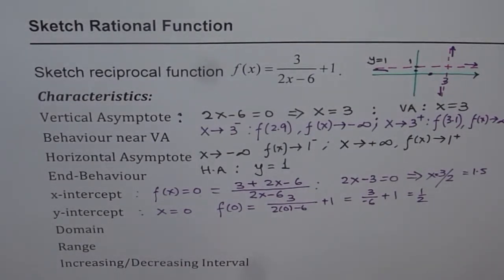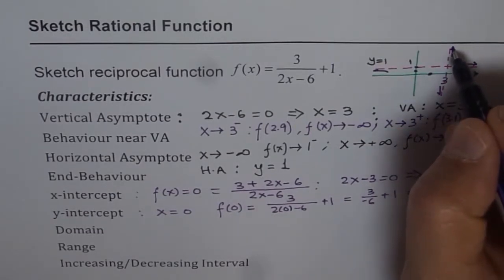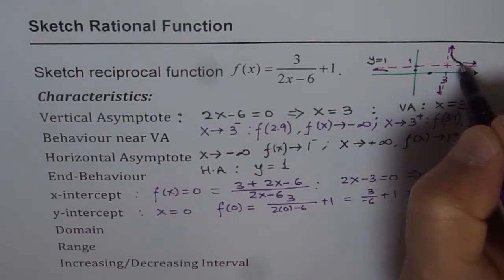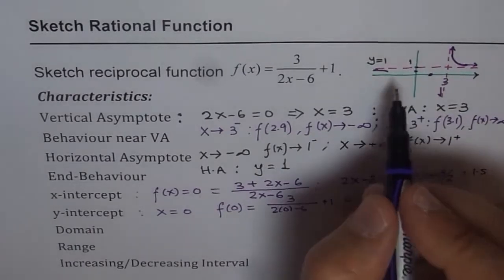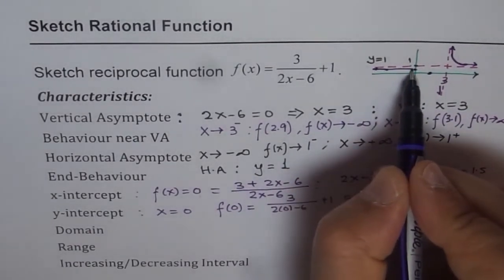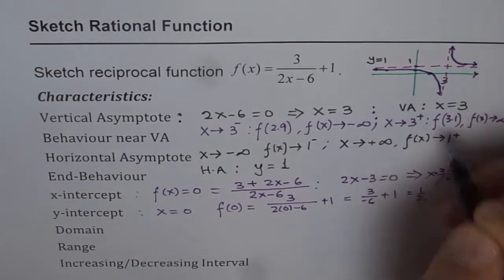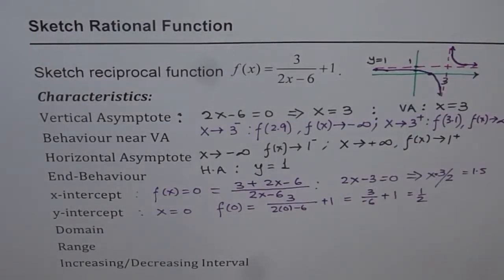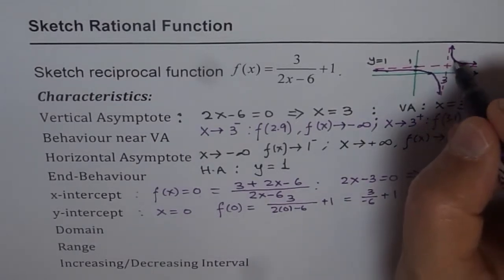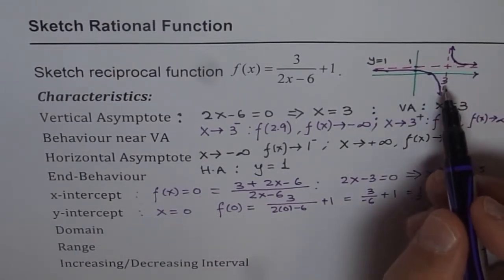Now given these points, we can always sketch our function. So let's join them. We get our function there, and this is how we connect the x and y intercepts. So that is how you can draw a rational function, right? You could have taken one more point, and a good point to take is always f of 4.